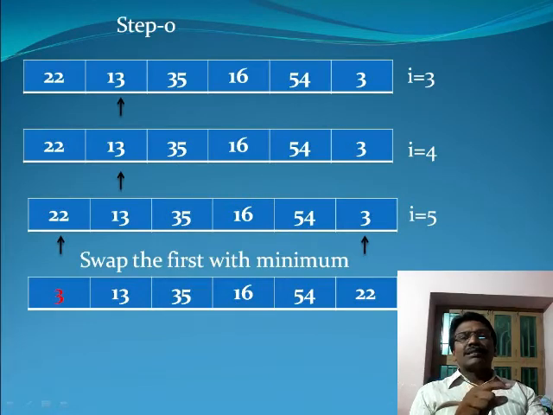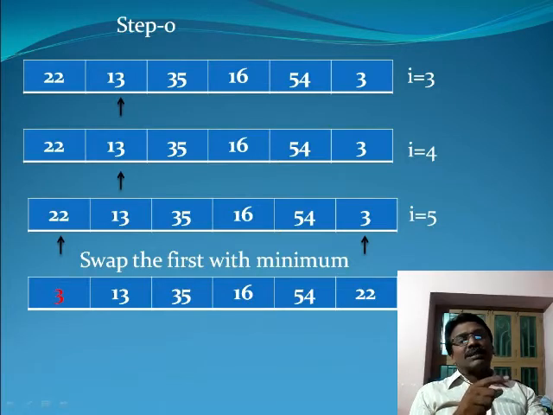Next iteration, i of 3. a of 3 is 16. In this case also the minimum value is 13. Next iteration, i is 4. a of 4 is 54. This is also a greater value, so 13 is the minimum.